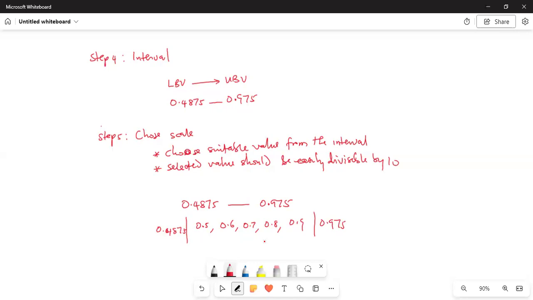But what we are saying is that try to select a value that is easily divisible by 10. So don't go and select 0.605. No, just choose a reasonable value within this interval. So this one, somebody will say you choose 0.5, 0.6, 0.7. But if you choose something within the middle, is the best option.